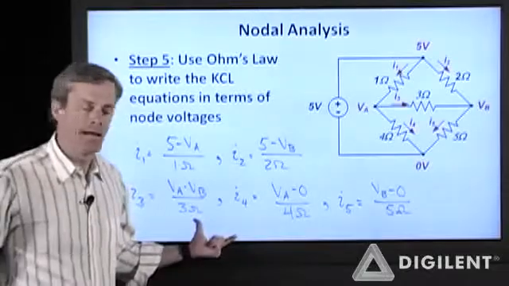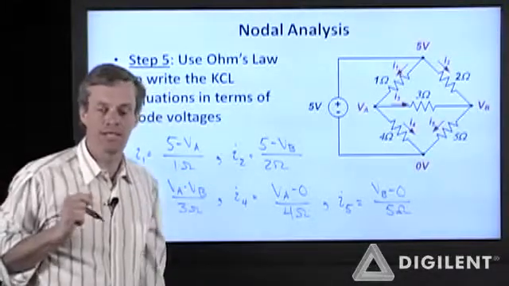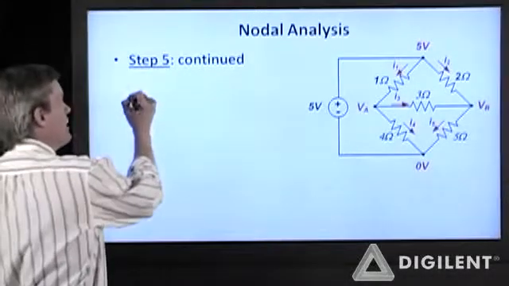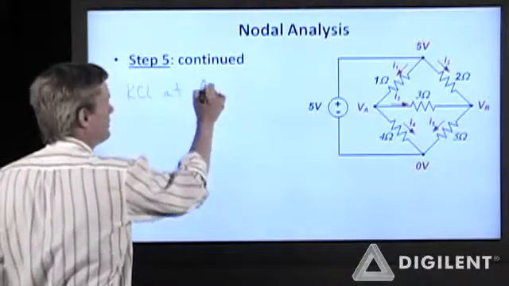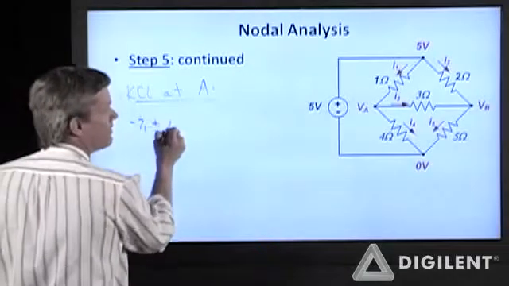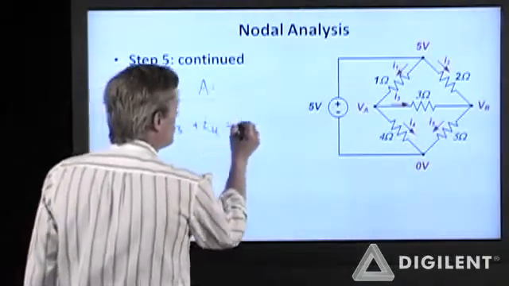Okay. Now I've run out of room on this slide. On the next slide, I'll go in and substitute these terms into my previous KCL equations. Okay, previously I said KCL at A gave me minus I1 plus I3 plus I4 was equal to 0.